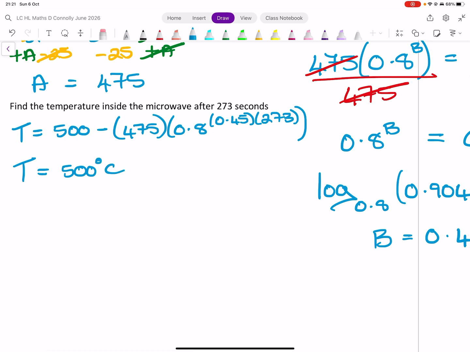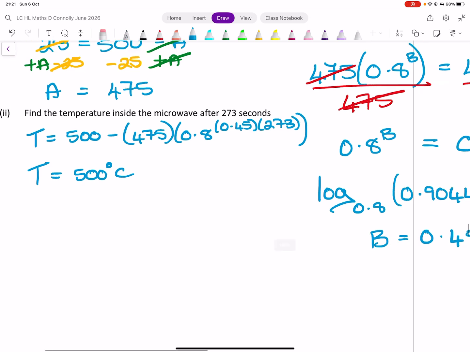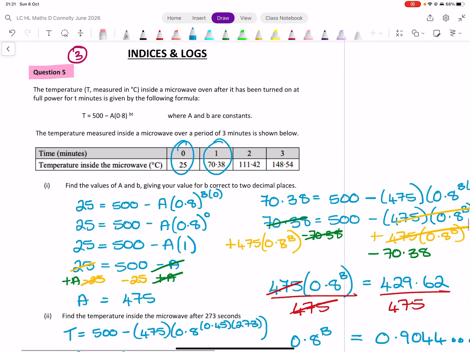I'm just going to check the maths there on that. Oh, hang on now.